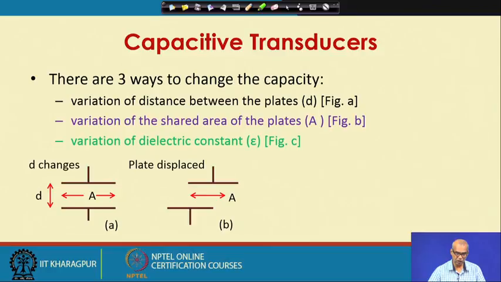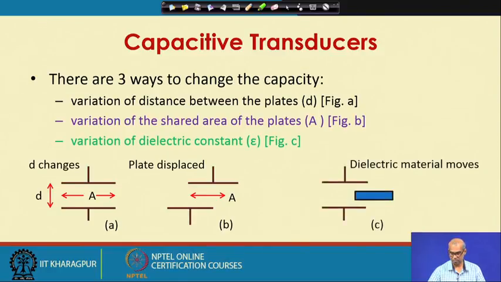You can also change the capacitance by variation of dielectric constant. So, take different dielectric or insulating material between the plates, there will be different capacitance. So, by adopting any of these three, we can change the capacitance.